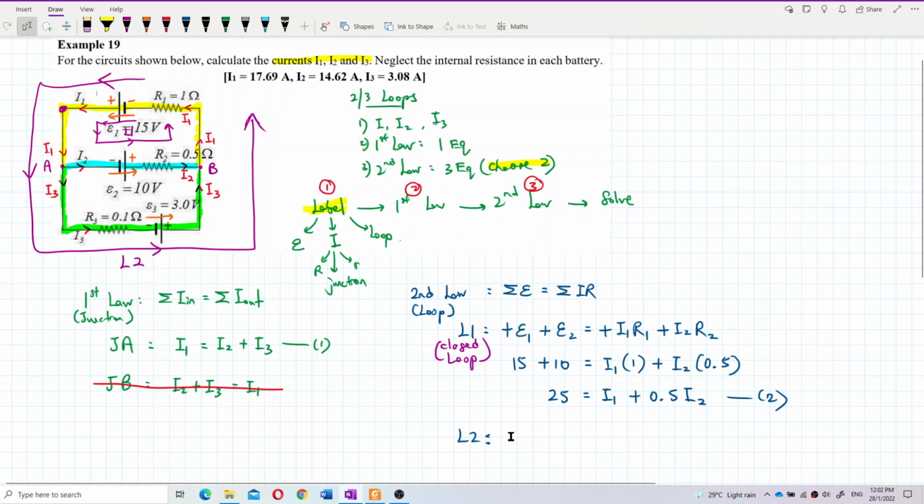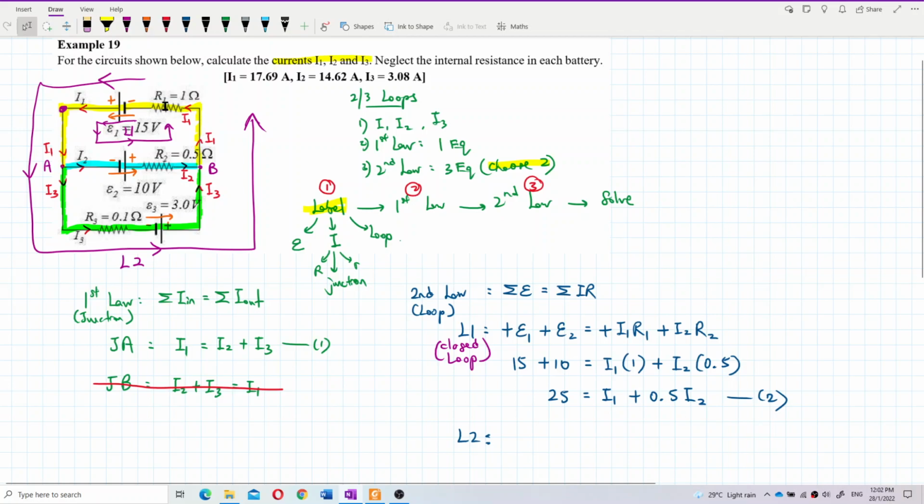Understand? Okay, so loop 2. Look at the total E, look at the batteries. Is there any battery in loop 2? For loop 2, ignore the center circuit, the blue circuit, because we don't go through the blue circuit. The outside loop just goes around the outside.